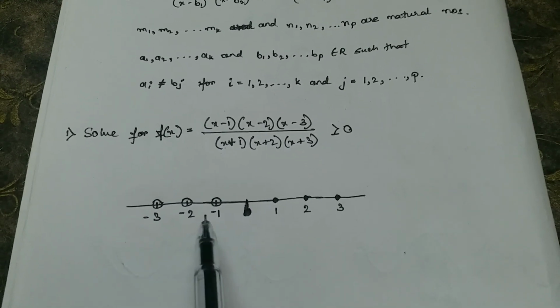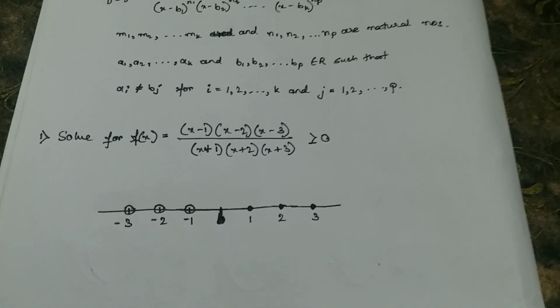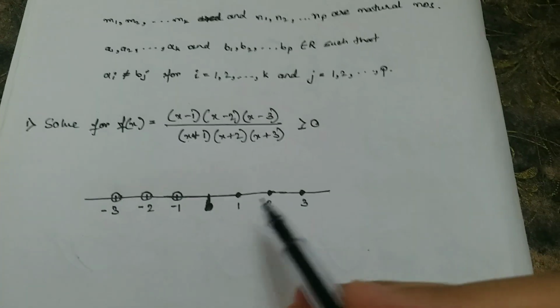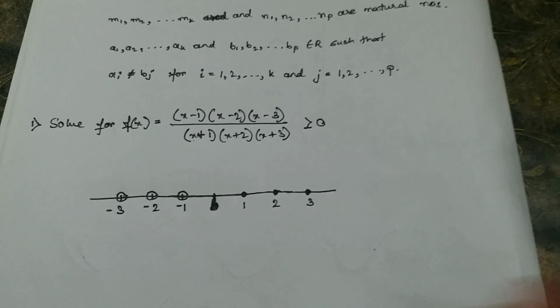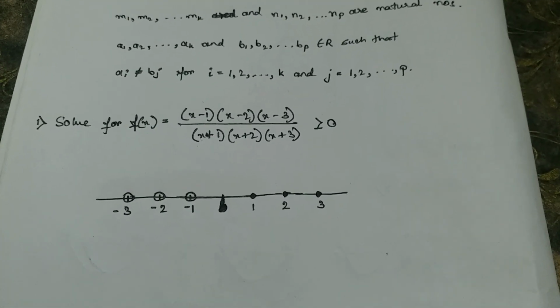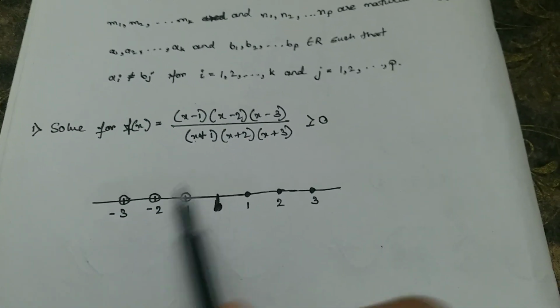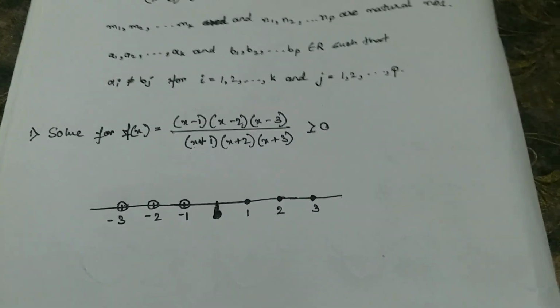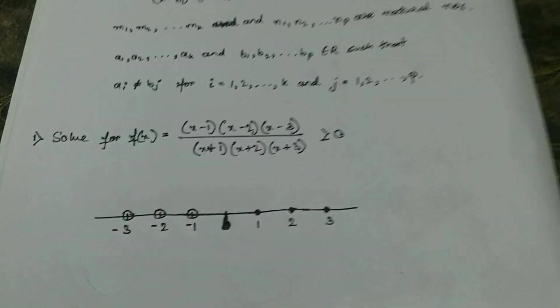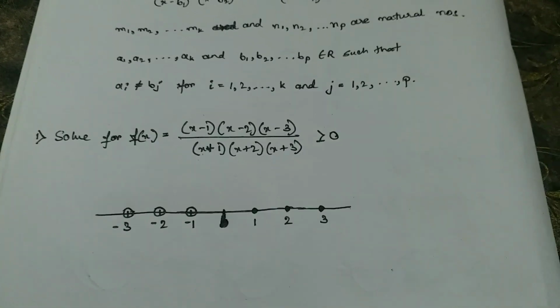So we have plotted those 3 points as well. Now the points where the numerator becomes 0, we have marked with black dots because those are zeros of the function. And the points where the denominator becomes 0, we have marked with open circles because at those points the function is discontinuous.